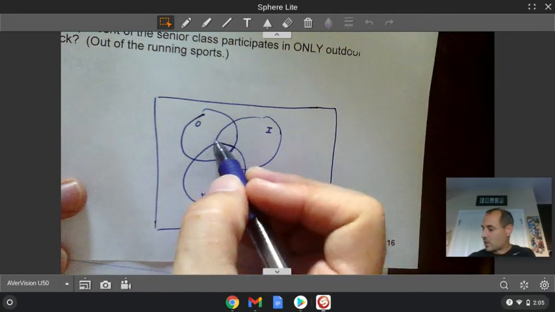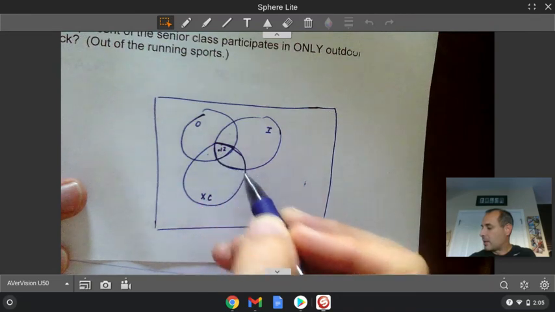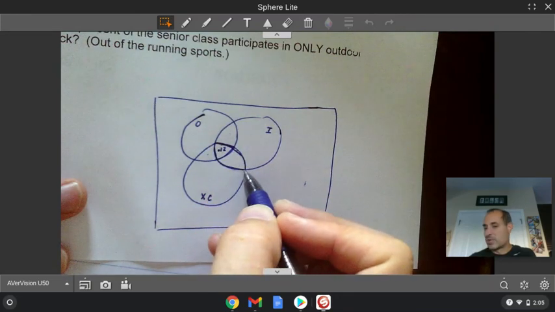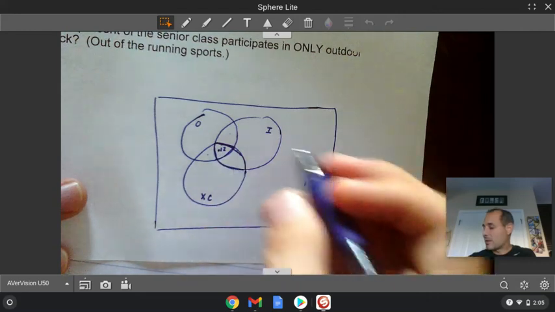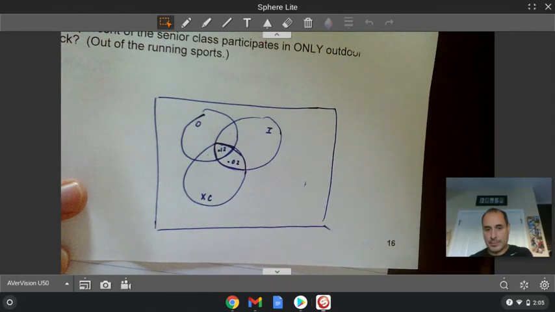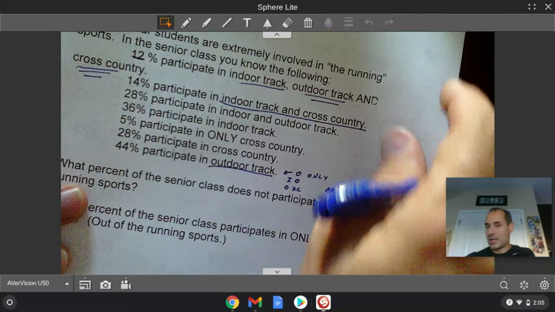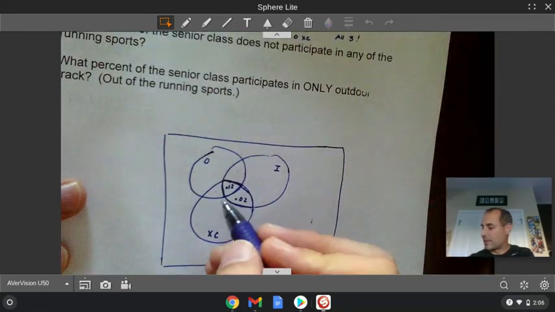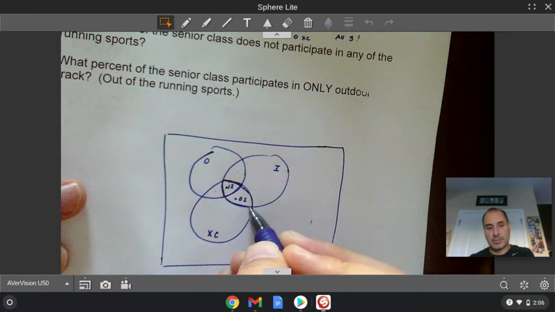Indoor and cross country is the whole thing. This whole thing is 14%, but this is already 12. So this right here has to be the additional 2%. Remember, indoor and cross country was 14%. So this whole thing is 14%.